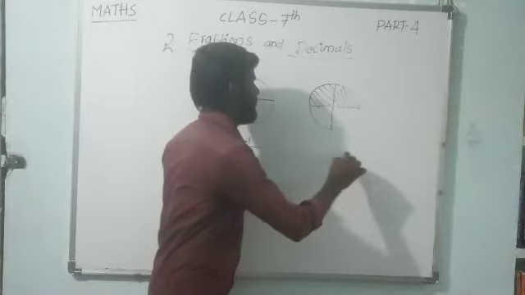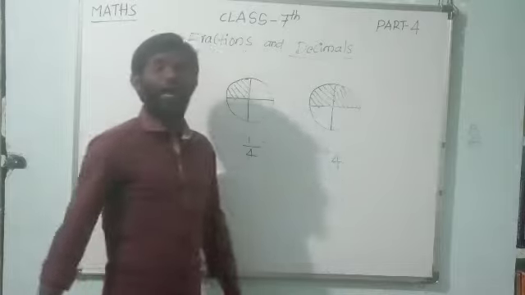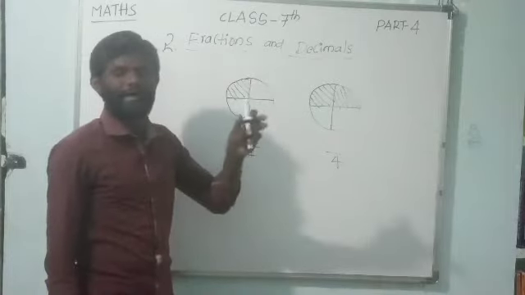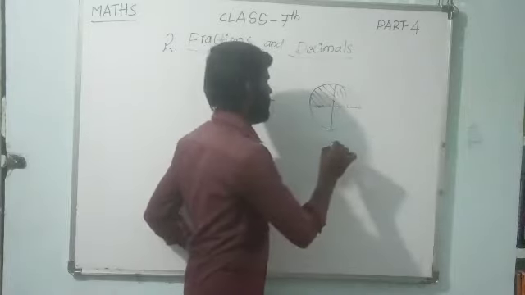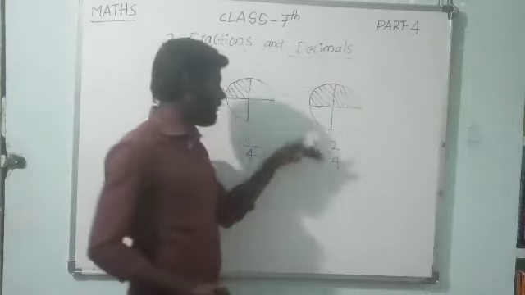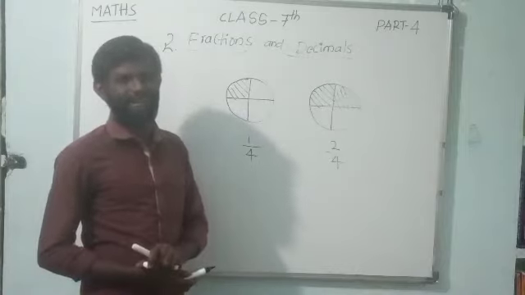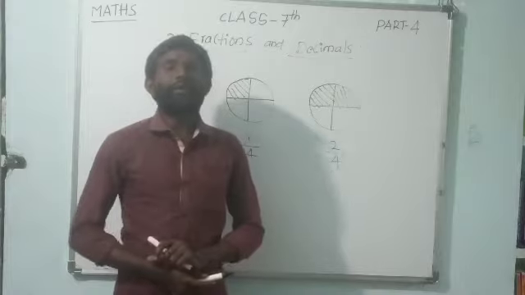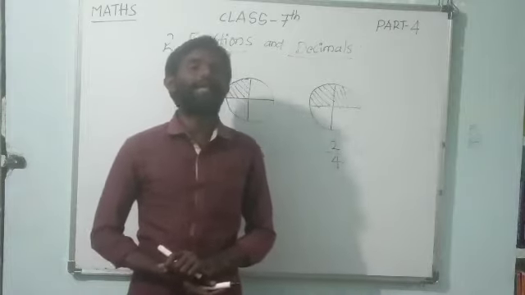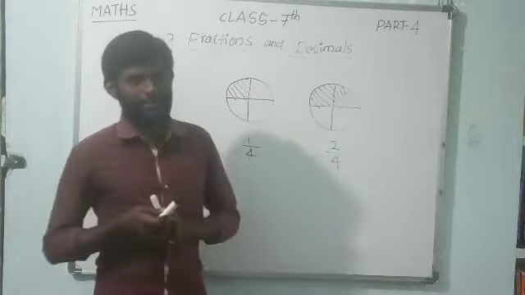Four parts. Out of four parts, how many parts are shaded? Two parts are shaded. Here 2/4. What does that indicate? 2/4 indicates that two parts are shaded out of four parts.